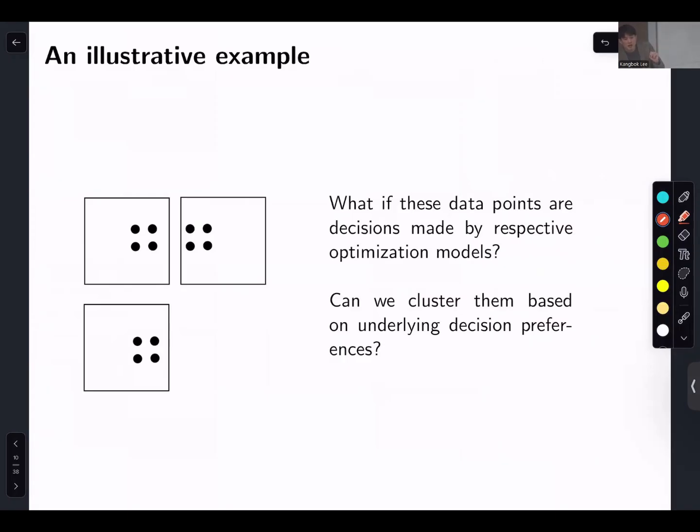And what I mean by decision-making preferences is essentially the objective function, right? What would be the objective function of the decision maker who gave me, for example, this decision or this decision? And can you actually cluster them based on the similarity of their underlying objective functions?